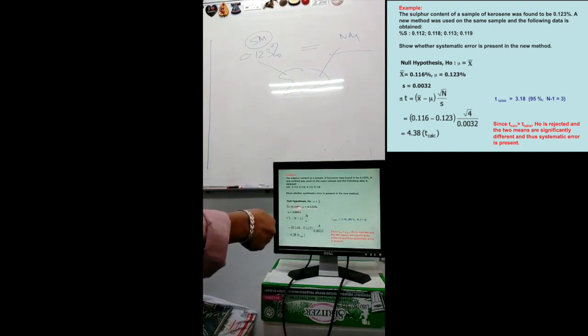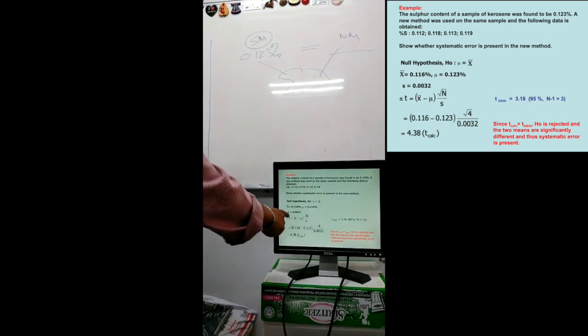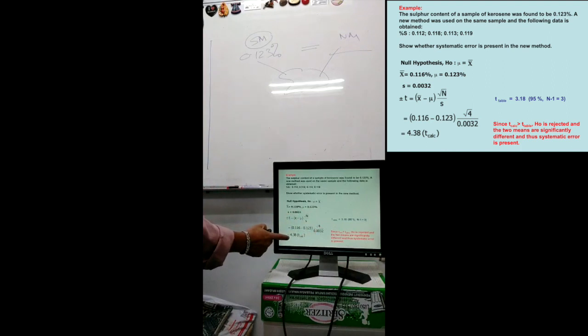From here we can say there is a difference, but we have to confirm it by using the t-test. This is the S value for this data, the standard deviation. We put it into the formula to get the t calculation, which is 4.38. Then we need to compare it with the t table.